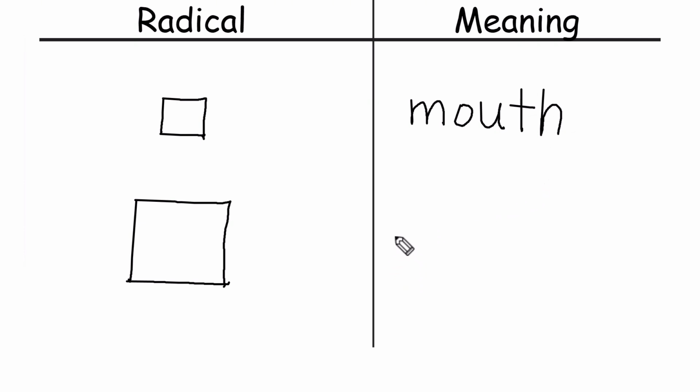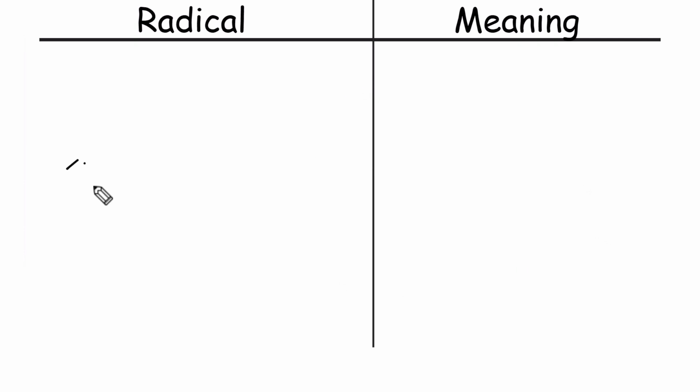Now, the enclosure radical, written in this way, represents something enclosed or surrounded, like in the characters for country or surround. So learning these two radicals helps you recognize words related to action or things that are contained.